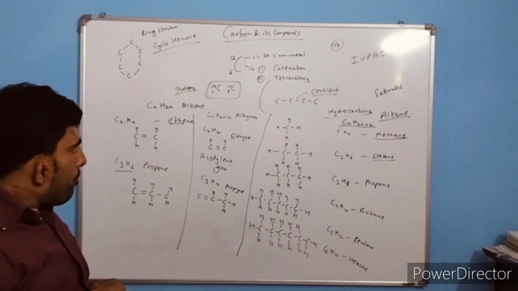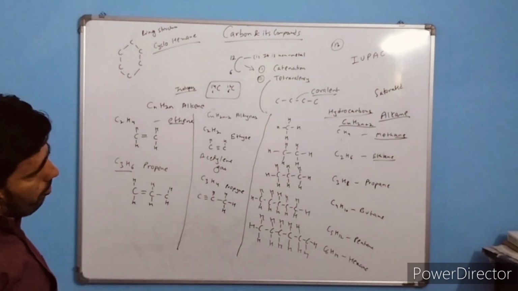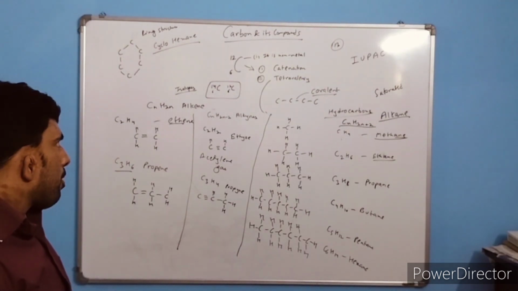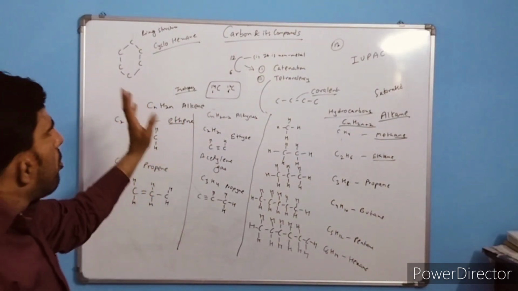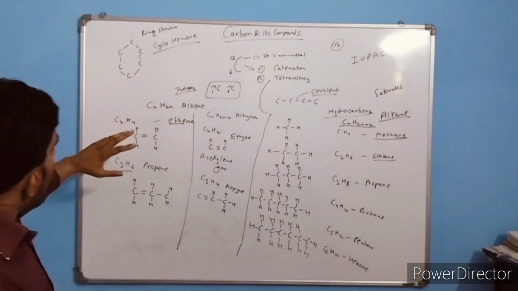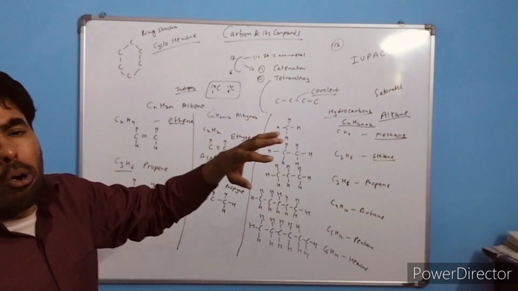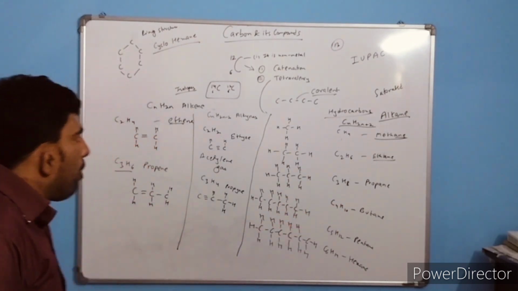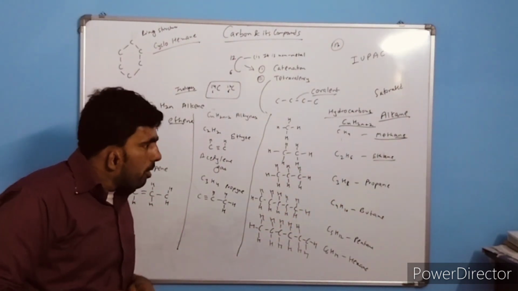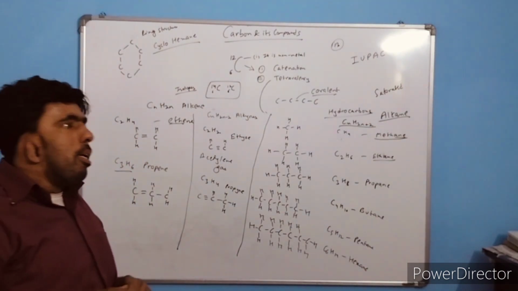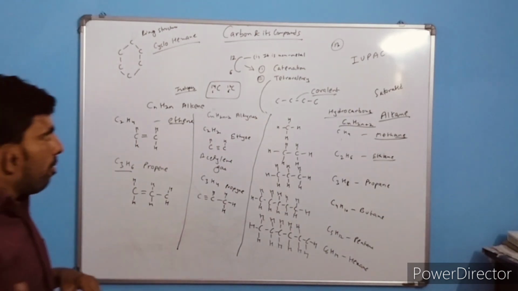Now let's move further. Now I will talk about functional groups. I have just taken a few examples to show you how the structure will be like, straight chain, branched chain or cyclic structure. Now the next topic is about the structure called functional group.